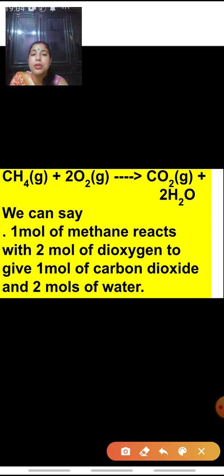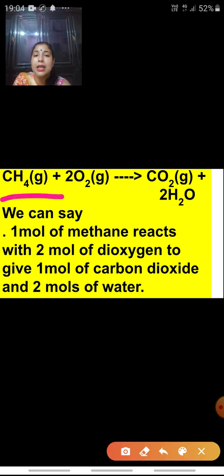Here also you can see methane is burning in presence of oxygen. Oxygen is also a gas, methane is also a gas, and they result in the formation of carbon dioxide gas as well as water molecule. Along with this, energy is also produced.